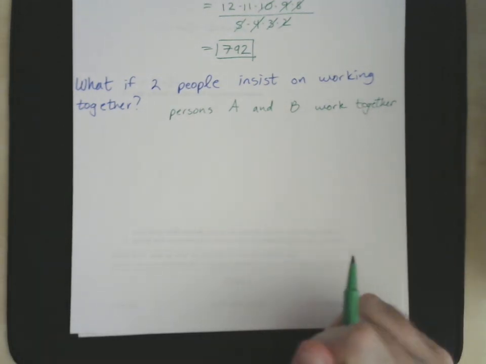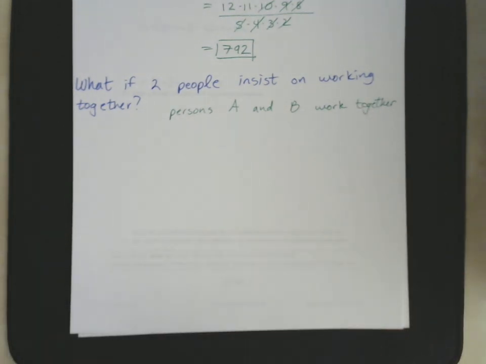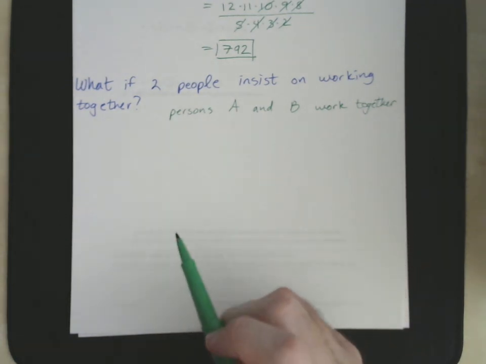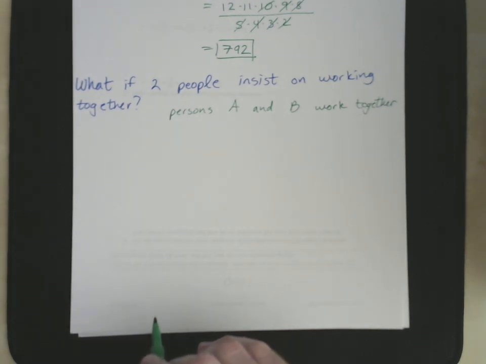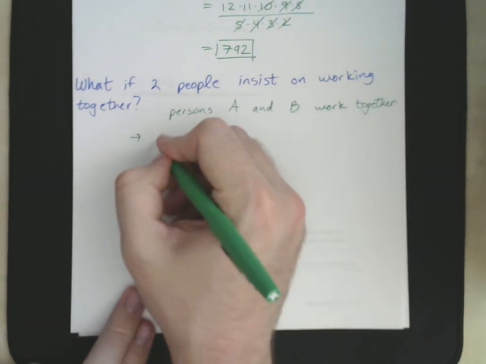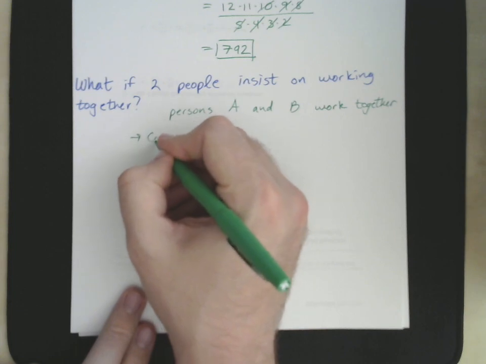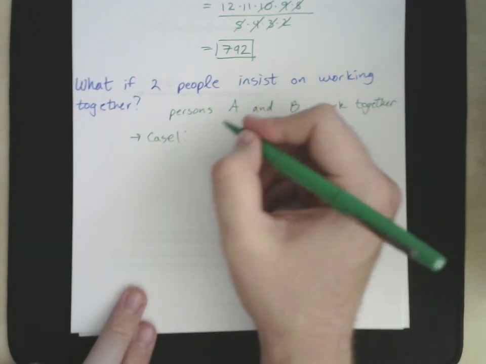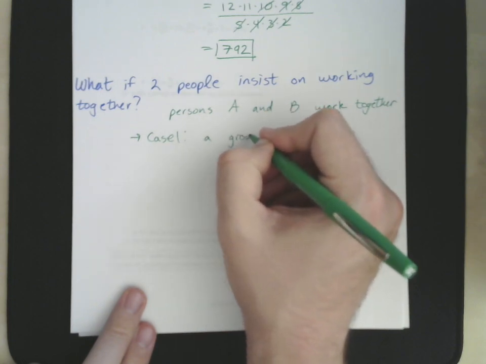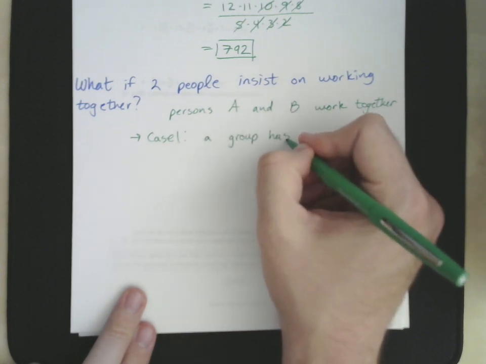If I pick 5 people out of 12, I don't necessarily need to pick these 2 people. So let's say scenario 1, or case 1, we have a group that has A and B.